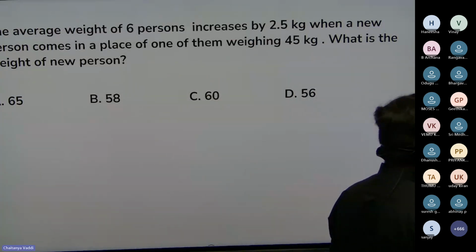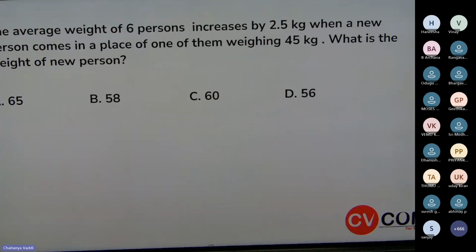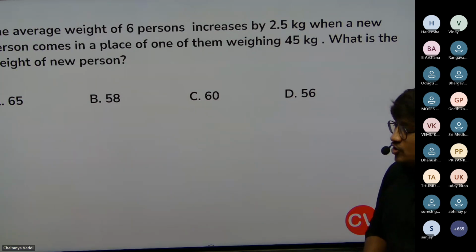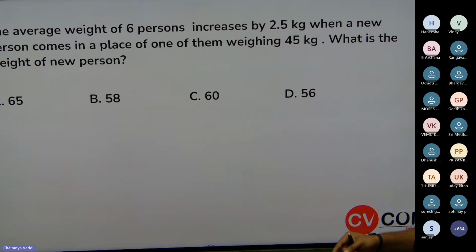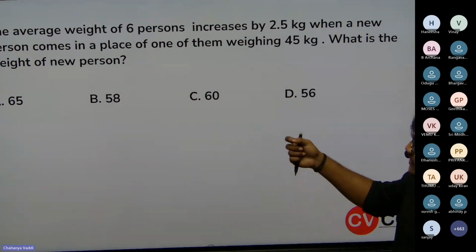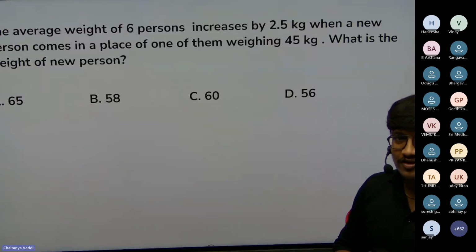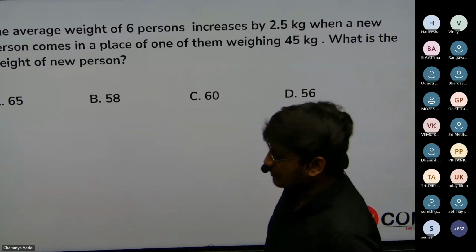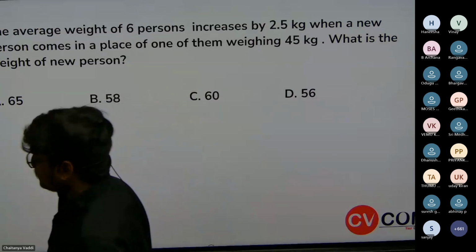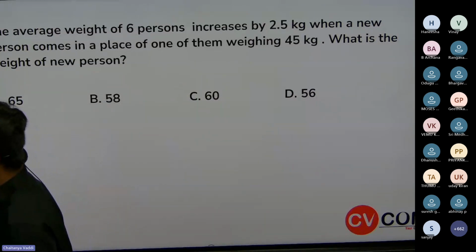Can you give these types of questions a try? If you observe, the weight of 6 persons increases by 2.5 kg when a new person comes in place of one of them weighing 45 kgs. What is the weight of the new person? Can you all give it a try?